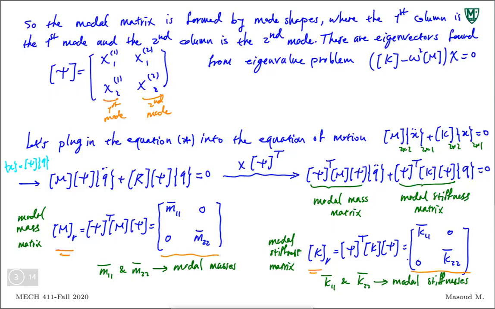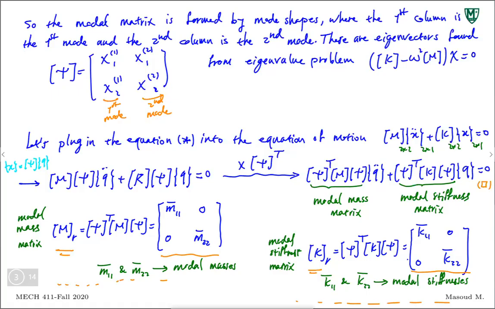Let's rewrite the equation. I'll show it like this. So I plug these into that equation. This is a given. I'm just telling you that whenever you do this multiplication, you will get a matrix in this form, the modal mass matrix, and this is going to be the modal stiffness matrix.